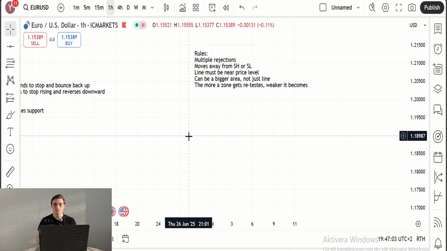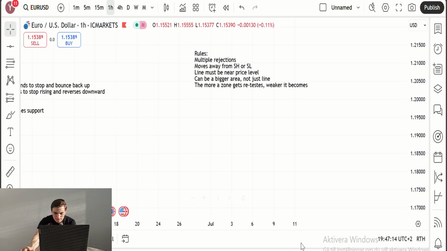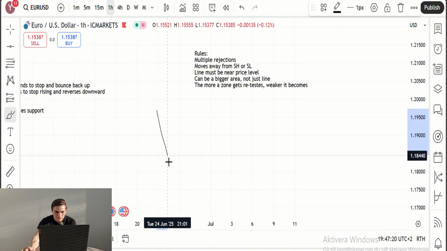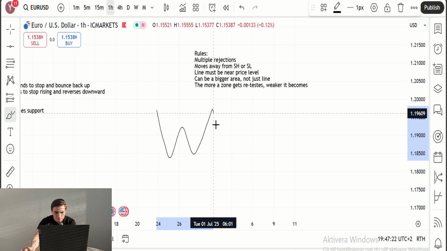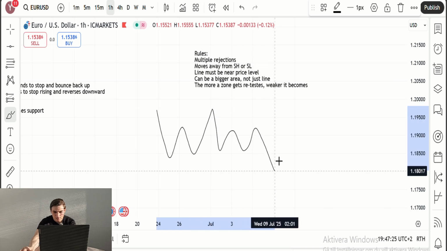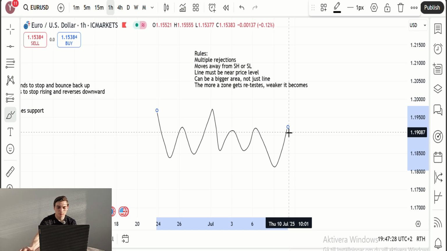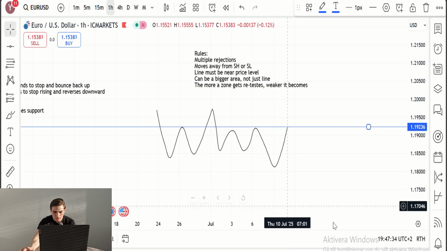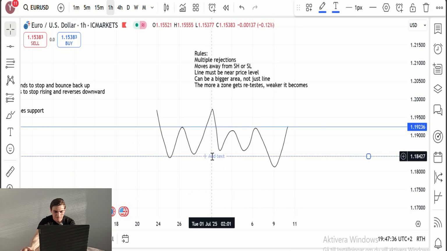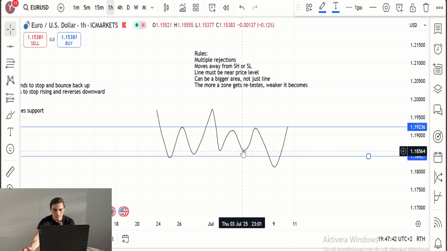So there are some rules when it comes to support and resistance. The first rule is that it must have multiple rejections, guys. Let's say there is a chart, I'm gonna try to draw this as best as I can. For example, right here we will put the resistance here and we will put the support here, because the support has 1, 2, 3 and 4 rejections, right?